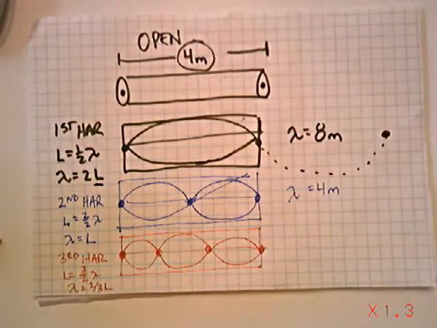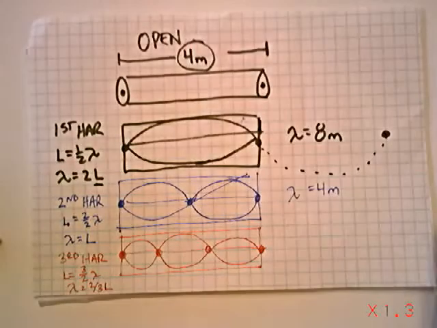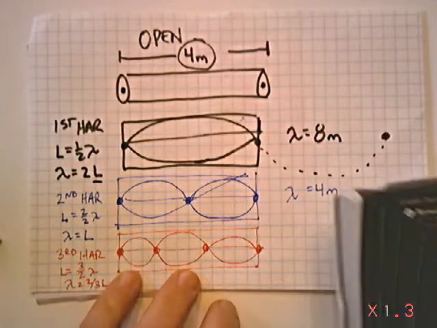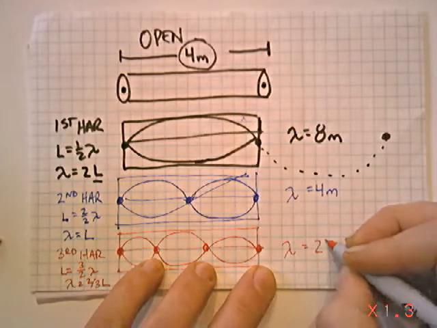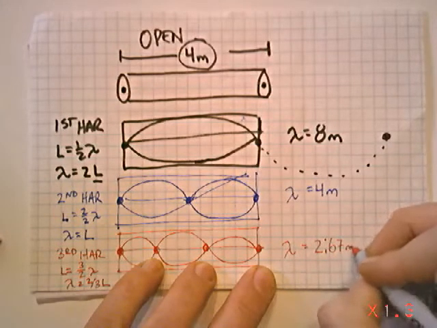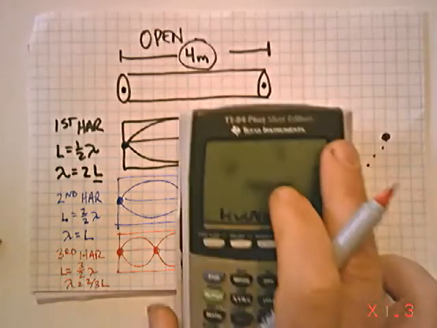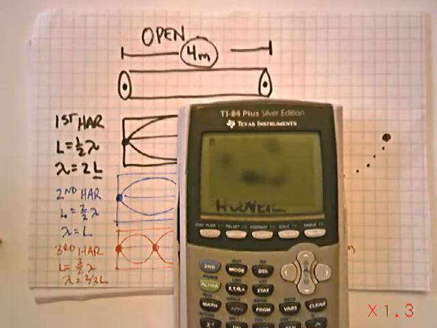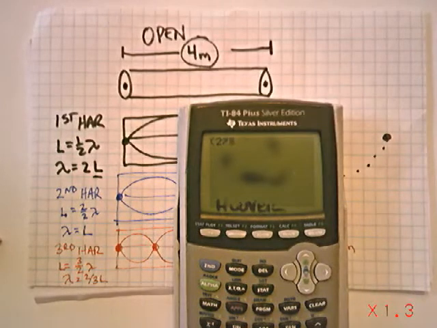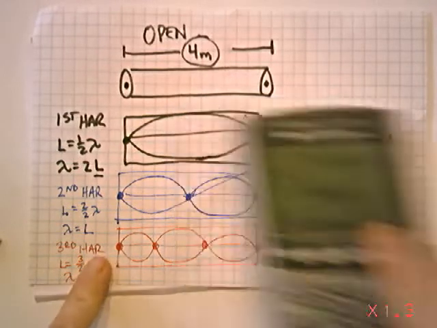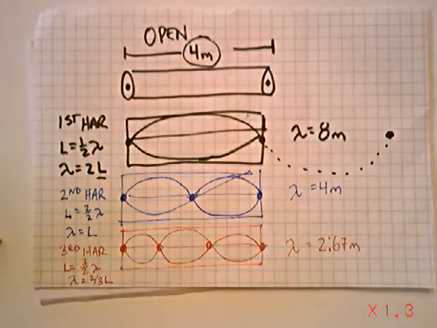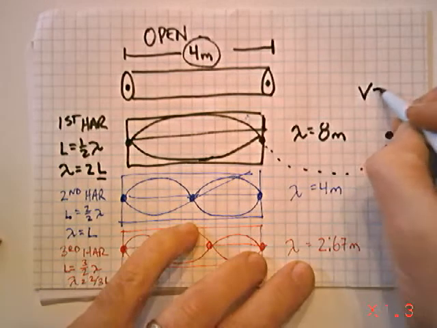And then the third harmonic, 2/3 times 4, or 8/3, or 2.67 would be its wavelength. I better confirm that. This is an easy way to work with fractions in your calculator. Yes, 2.67.